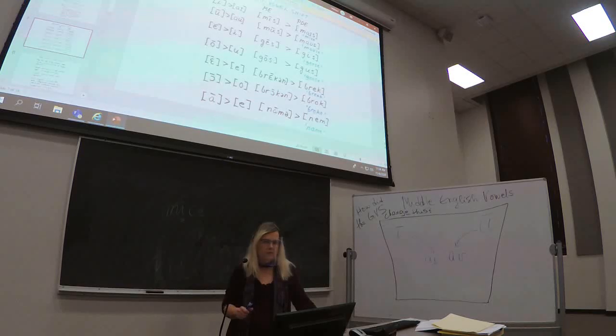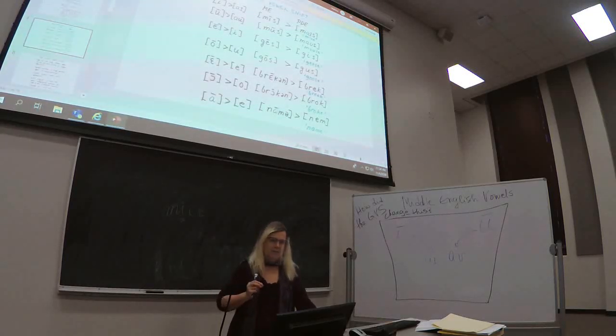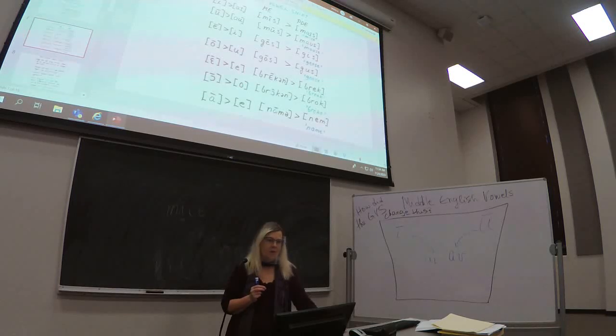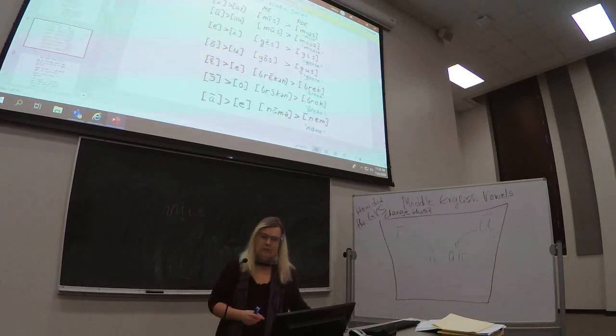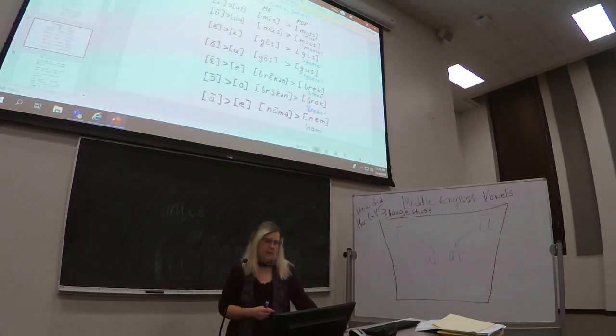Now, vowels are very vulnerable to change because, as we know, when we talked about vowels, they are not pronounced in exactly the same place in the mouth. It's different from consonants, because for consonants we can define the place of articulation very clearly and the manner of articulation, but for vowels it's more vague, right?